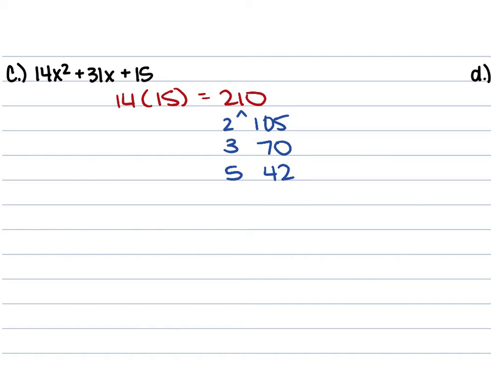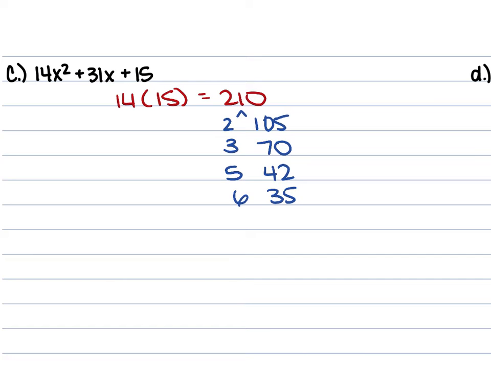From here, 6 does not go into it evenly... hold on, 210 divided by 6 is 35. So let's do that. 6 and 35.